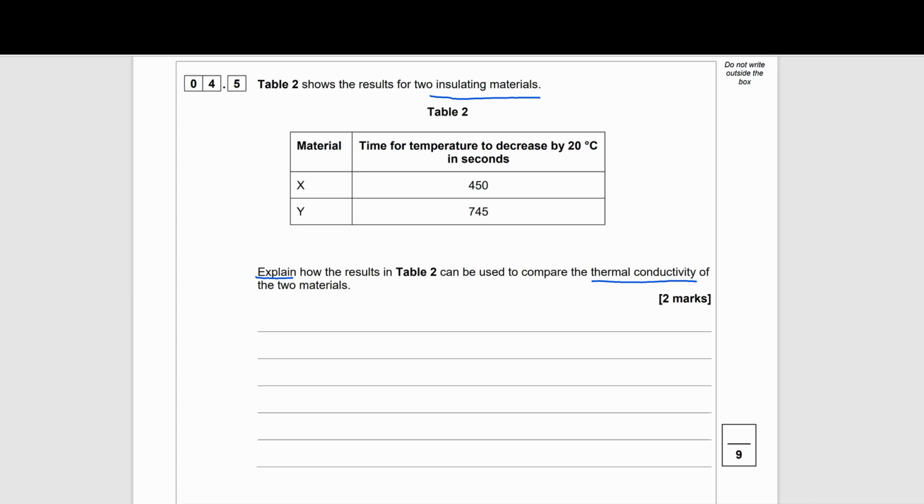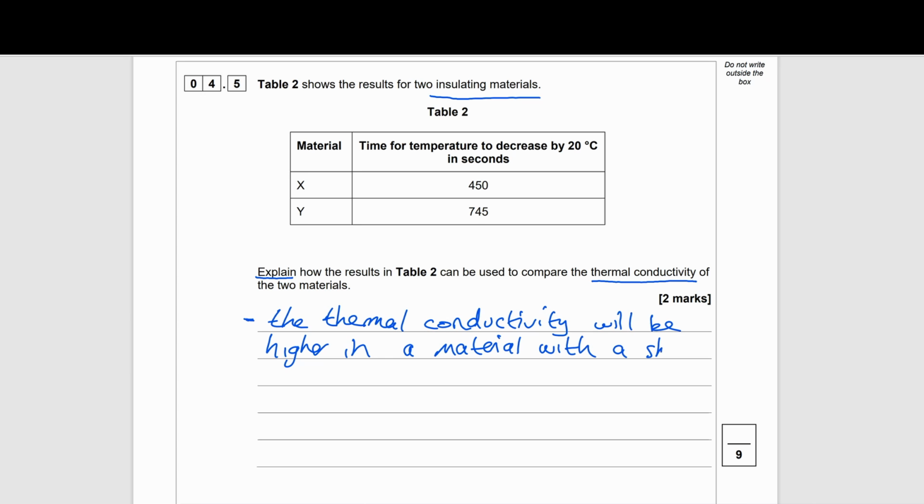So we can say that straight away, our thermal conductivity is going to be higher in the material that takes a shorter time to decrease in temperature. So the higher the thermal conductivity, the shorter the time it takes for the temperature to decrease.